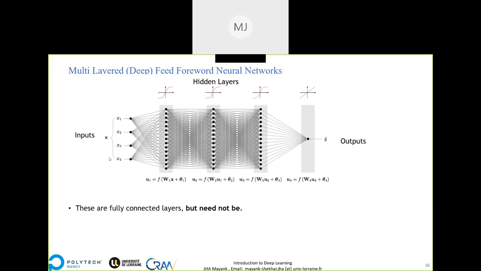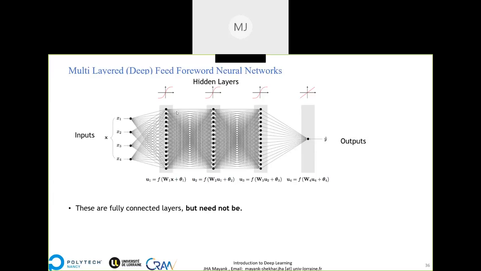Right, let's go ahead. To give you another picture, this is a picture I've taken from the internet, just for representation purposes. I failed to give the reference here because I forgot to write it. So we have the inputs here. All the inputs are connected to all the nodes of the first layer.